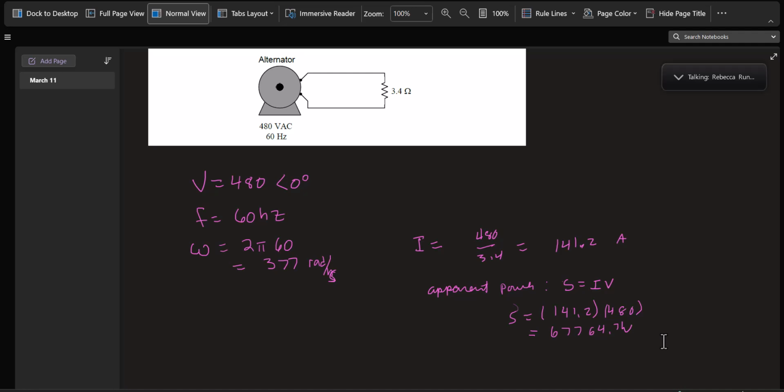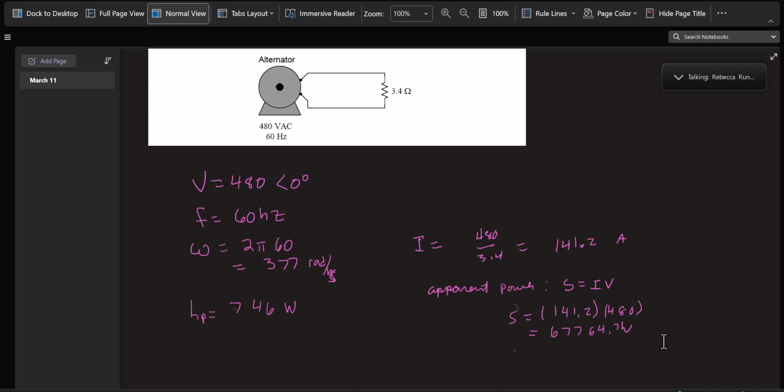Does anyone know how horsepower and watts are related? In mechanical engineering, they always make you use all kinds of crazy units, but horsepower is about 746 watts.